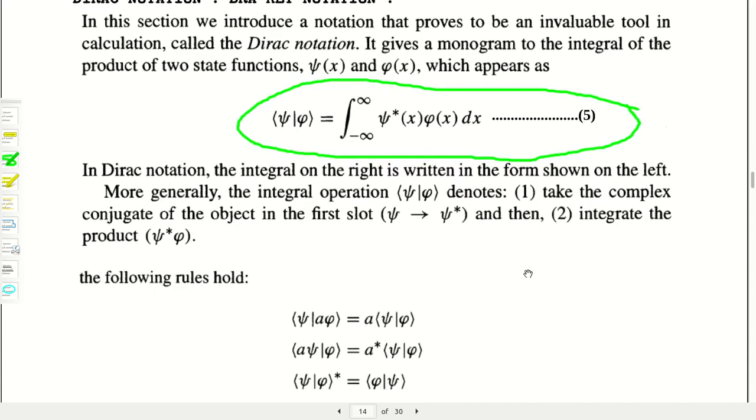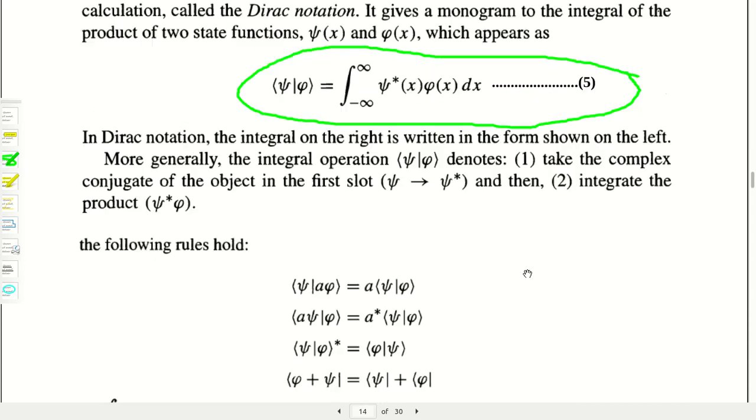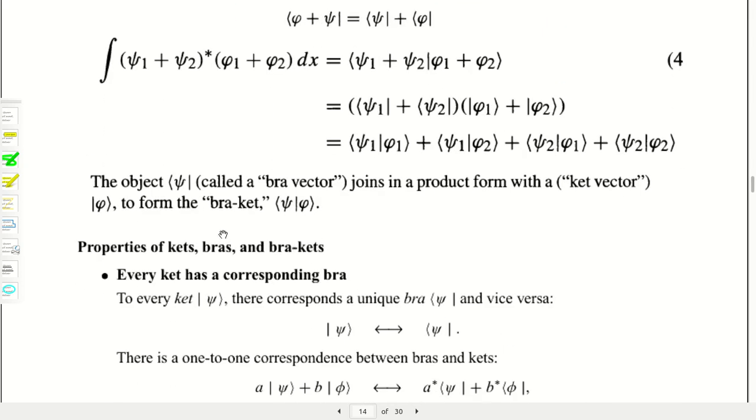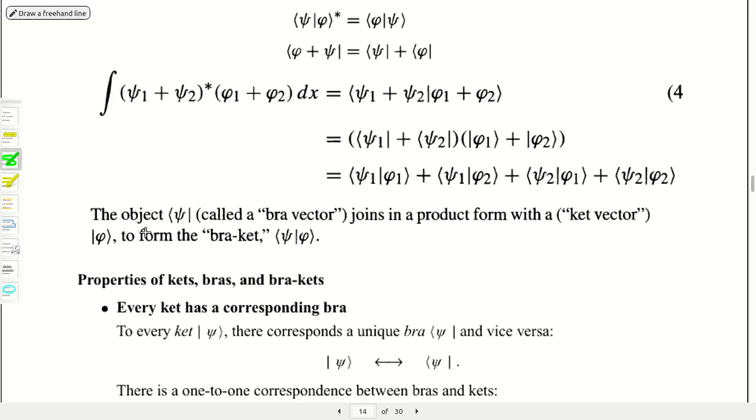I discussed this already, so I am not going into it, and you can check some properties. Before that, the left angle psi with the vertical line is called the Bra vector, and the right vertical line and right angle within which phi is there is called the Ket vector. Together they form the Bra-Ket. First there is a Bra and there is a Ket.